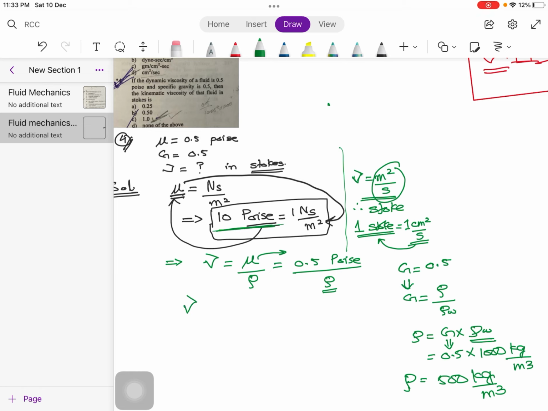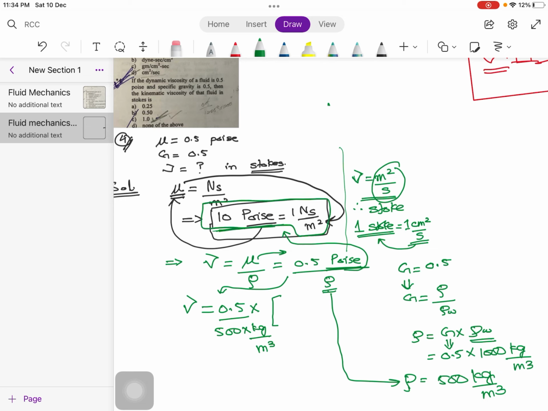Now let us further simplify nu, the kinematic viscosity, as 0.5 upon the density of this fluid, which is 500 kilograms per meter cube, times the poise. And we have detailed the definition of a poise here. So 10 poises make 1 Newton second upon meter square.